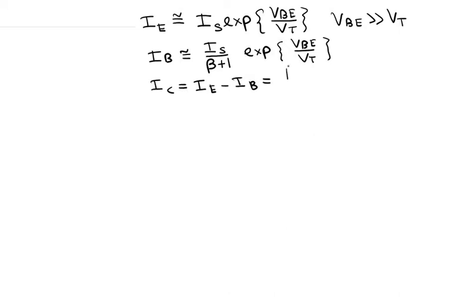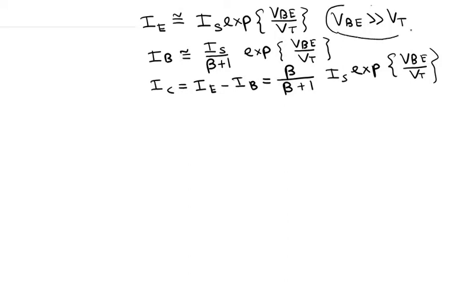So this is beta divided by beta plus 1 Is exponential VBE divided by Vt, and all these three expressions are valid provided that this condition is satisfied.